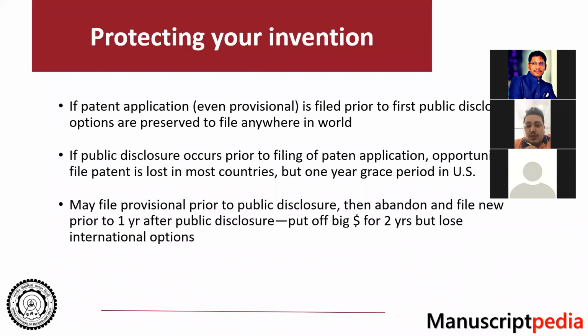The next stage is protecting your patent. As I told you at the beginning, whenever you are doing a publication or research and some idea comes to mind, it is not always necessary to go to the lab and test whether your idea is working. It is advisable to first file the patent provisionally, write it up, and submit it to the patent office.